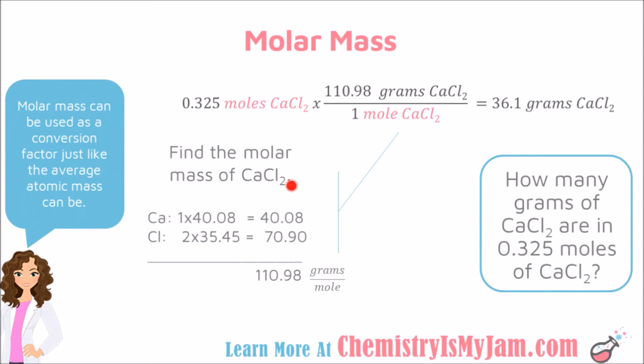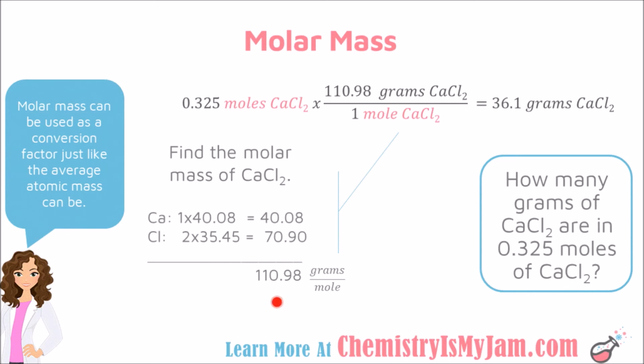I have 2 chlorines in my formula. 2 times the number for chlorine off the periodic table, 35.45, gives me 70.90. Calcium chloride has a molar mass of 110.98 grams per mole.